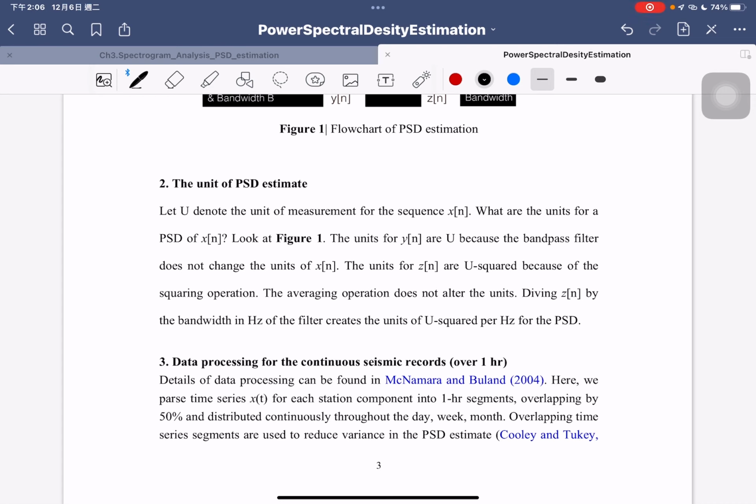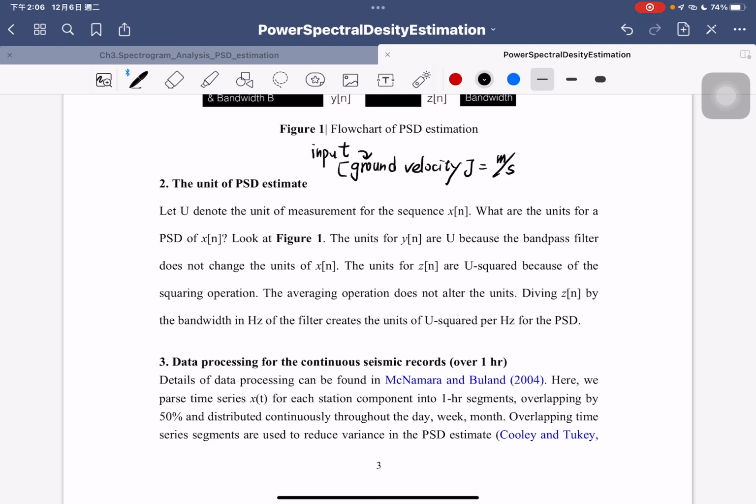So if my input data is ground velocity, this is the input time series data, the unit is the ground velocity. I know that the dimension of ground velocity is meter per second.